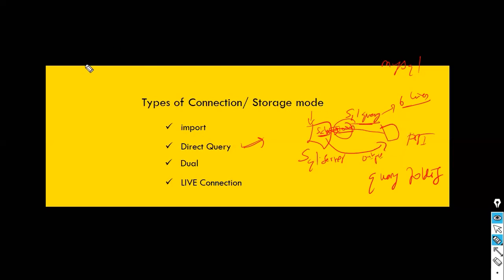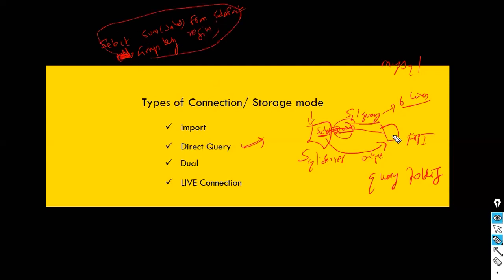So in your SQL query, let's say you are doing some kind of aggregation: select sum of sales, you have a column called sales, from sales fact, this is the table name, group by region. This query will be sent from your Power BI to SQL Server.